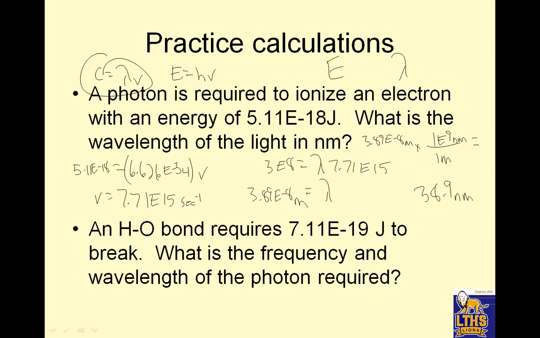Okay, yay. An O-H bond requires this much energy to break. What is the frequency and wavelength of the photon required? So again, E equals h nu. So 7.11e-19 equals 6.626e-34 times nu. Nu equals 7.11e-19 divided by 6.626e-34, and I have 1.07e15.